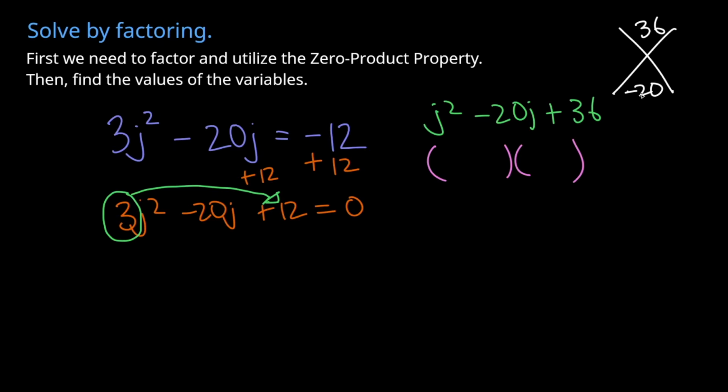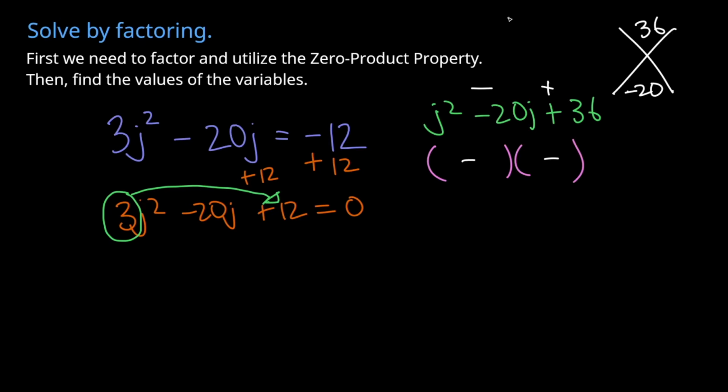And because that's negative, that means our factors will be negative. Two negatives multiplied together give us a positive. So that should be really easy. We don't have to do anything special. And if you remember our little chart, this is a negative then a positive. So when it's negative then a positive, that tells me right away that these two factors will be both negatives. In this case, we can see that in this example.